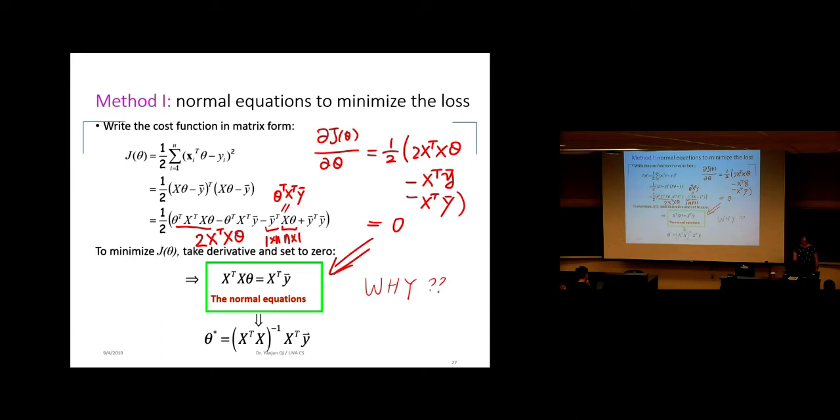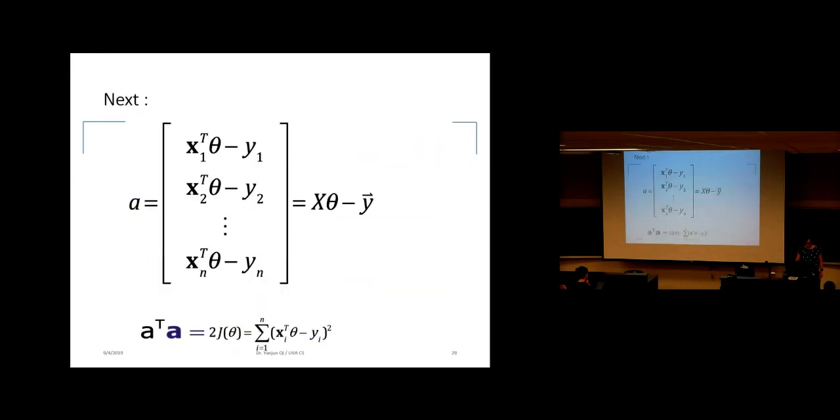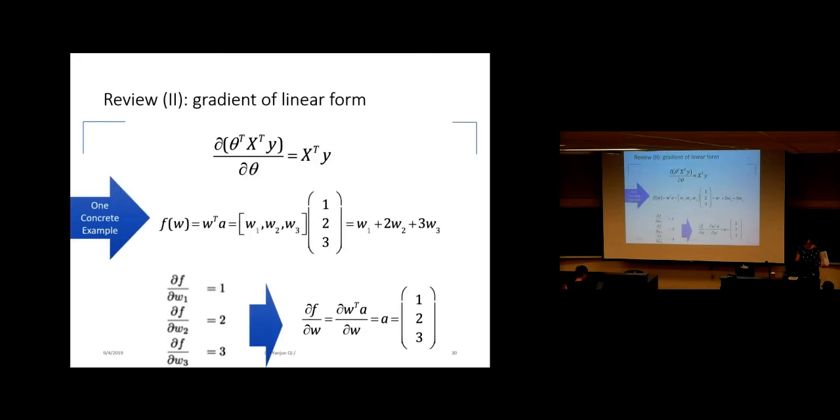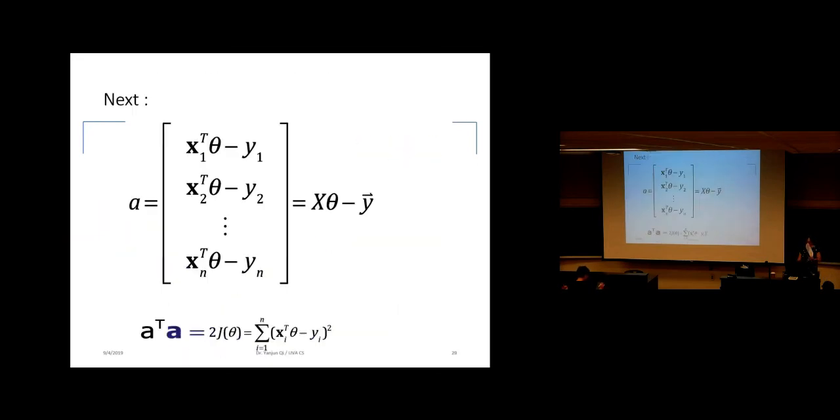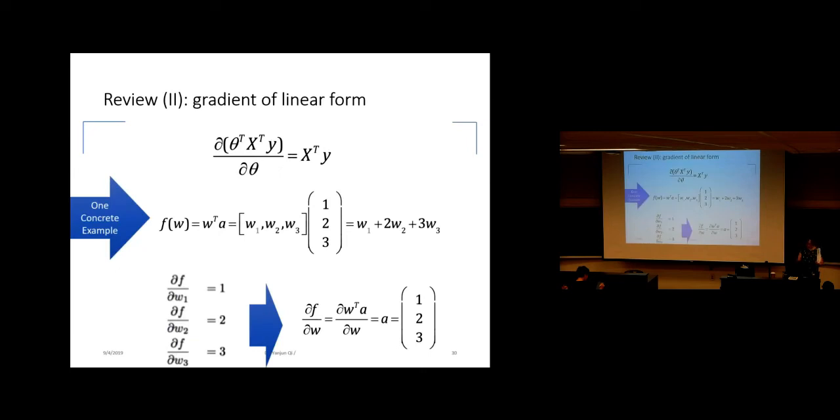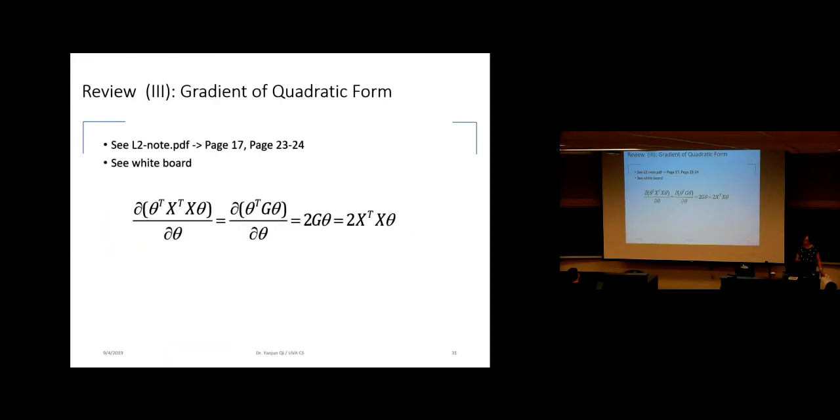If you're still confused, I can add a simple example. For the gradient of theta transpose x transpose y, taking the gradient versus theta gives you x transpose y. This is the simplest example, very easy. And then you can read the extra slides to learn about the quadratic form. How do you take its gradient?